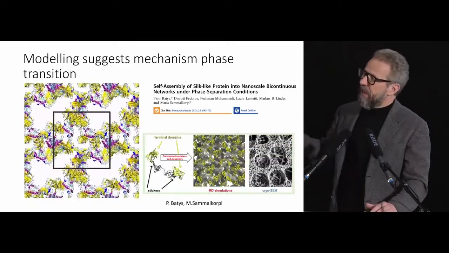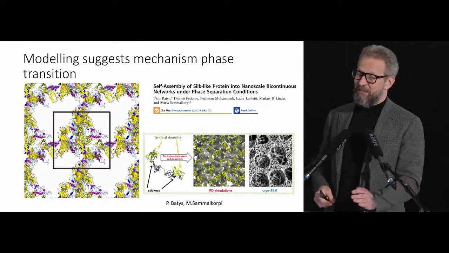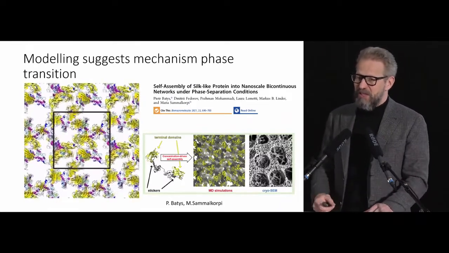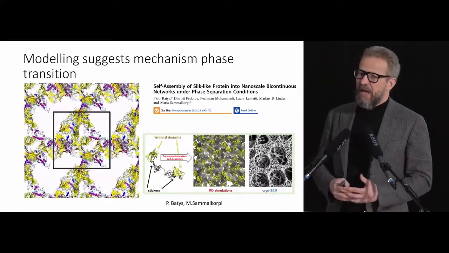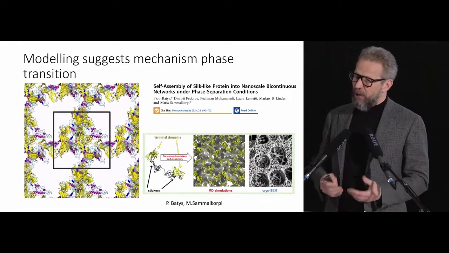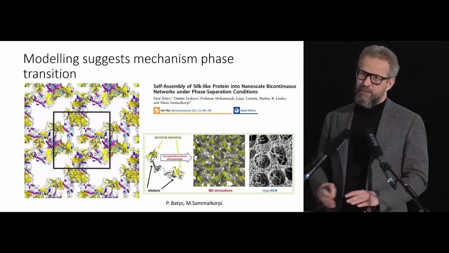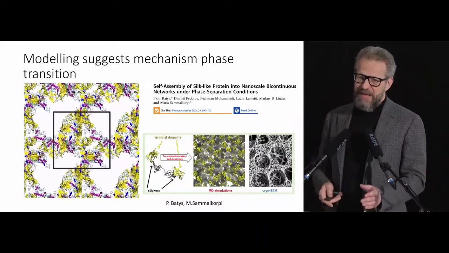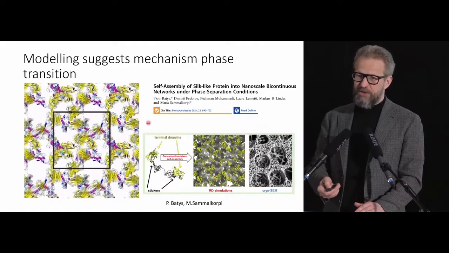Then putting a lot of these proteins together in a simulation actually resulted in them forming a network structure, which is connected both by a weak adhesiveness, a dimerization between these terminal domains, and by what is called, in the polymer field, stickers.